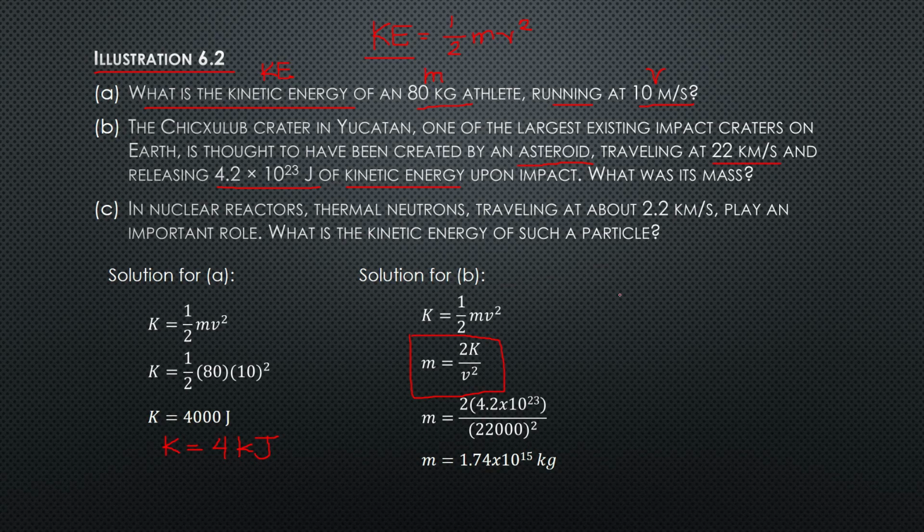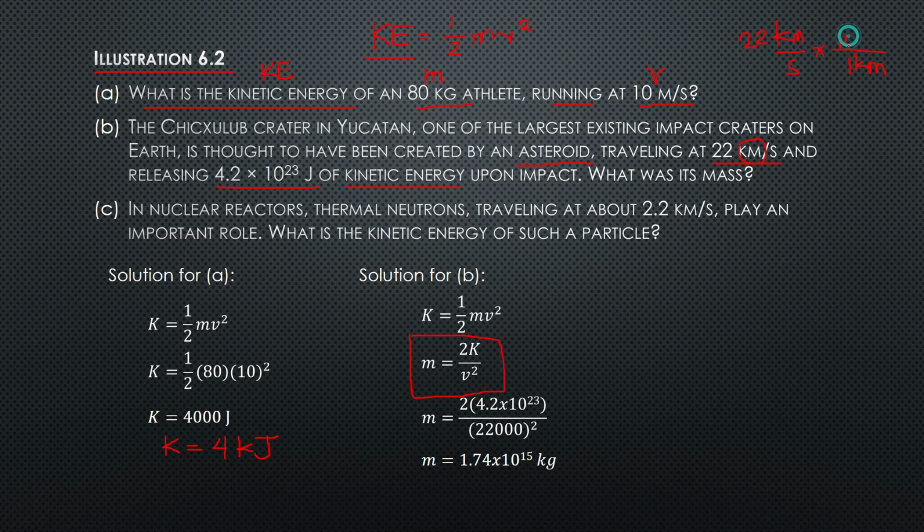So why did I use 22,000 instead of 22 kilometers per second? The unit of velocity for kinetic energy is simply meters per second. So you need to convert kilometers to meters. 22 kilometers per second, multiplied by 1,000 meters in 1 kilometer.